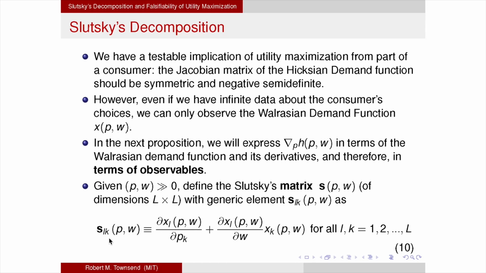This is the Lth good changing with respect to the kth price is equal to the way the whole demand of the Lth good is changing as we change the price pk, but we adjust for the income effect, which is how the Lth good is changing as we change income or wealth, post multiplied by the quantity of the good price of which is changing, namely xk for pk.